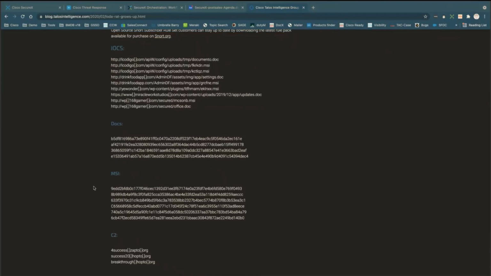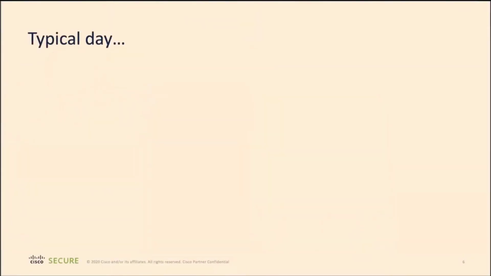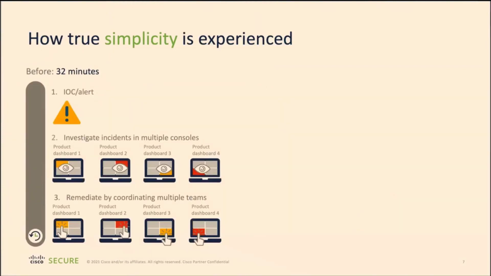And this usually takes a long time, because you have a lot of products. Let's say, for example, the URL. I might have to look into the firewall to see whether I've seen any blocks or any access of this URL.